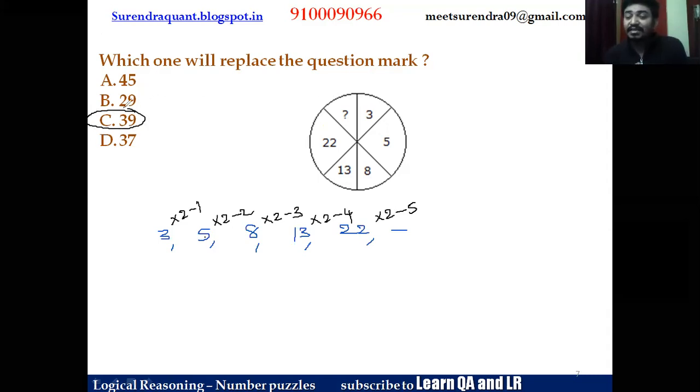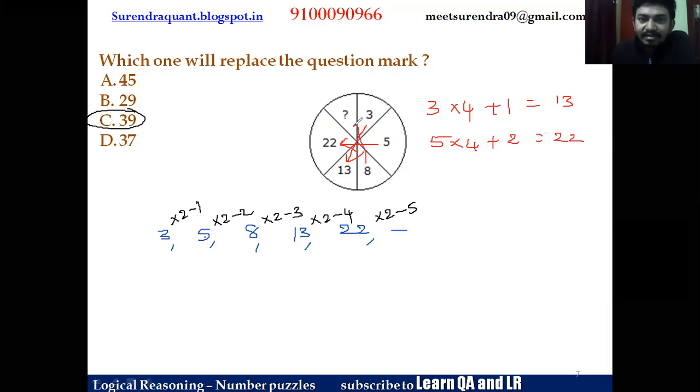And for a number puzzle, so many answers can be possible. So many logics can be possible. Here I'll tell you one more logic if you want. But you need to go with the logic which has options. The best suitable logic you should go. There is one more idea, guys. Here, when I multiply 3 4s are 12 plus 1. 12 plus 1 is 13. Now starting with 5. 5 4s are 20 plus 2, 22.